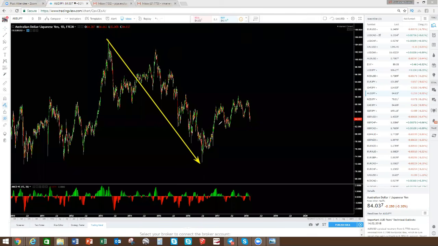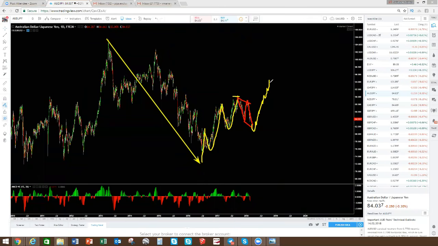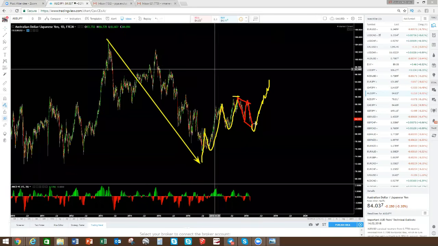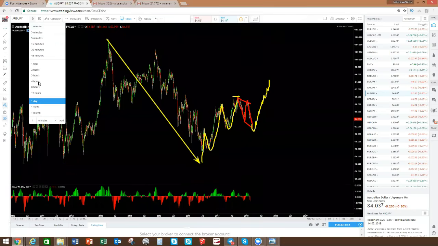This is a 1, 2, 3, 4, 5. 1, 2, 3, 4, 5. The whole string, and now we're getting this correction here. 2, 3. Okay, so we need to see how far this correction is going to go. So after this, we'll anticipate some upside on AUDJPY. So let me look at the lower time frame, to see what we're looking at here.